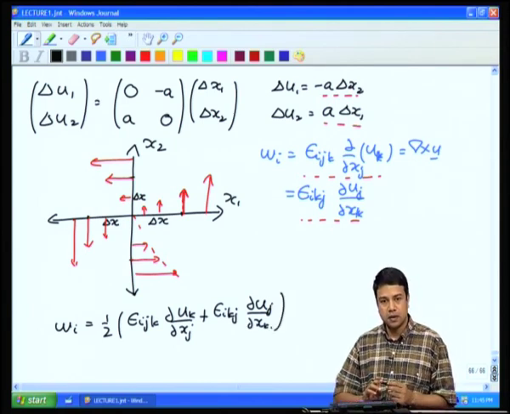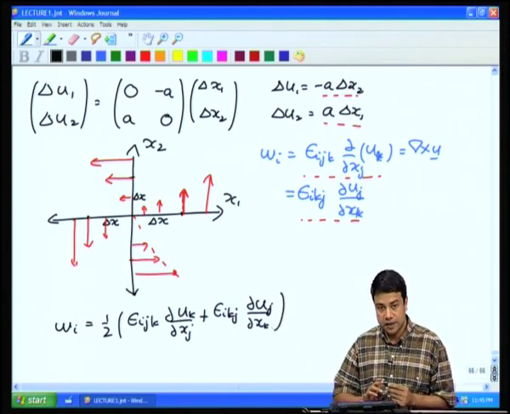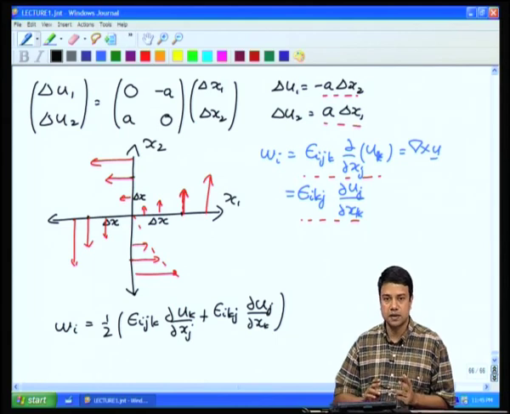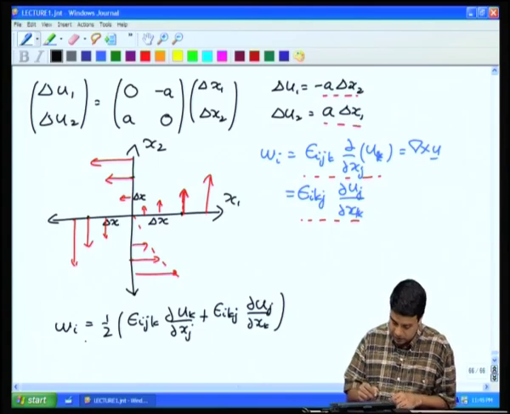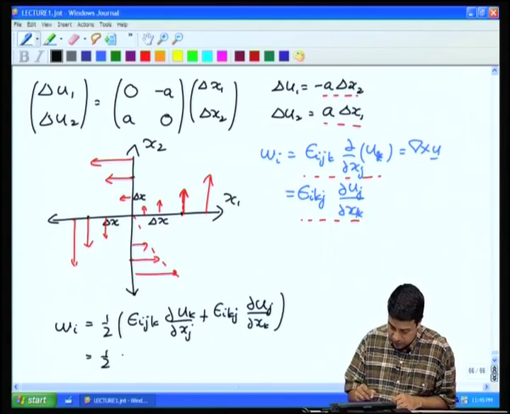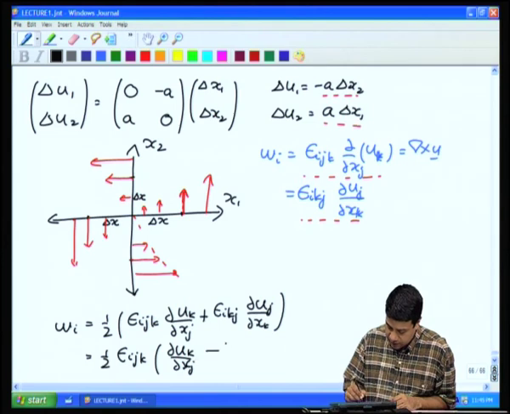However, epsilon ikj is equal to minus epsilon ijk, because when I interchange two indices in this antisymmetric tensor, I get the negative of the result. So, I can also write this as half epsilon ijk into partial u k by partial x j minus partial u j by partial x k.